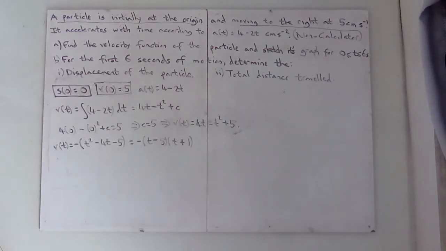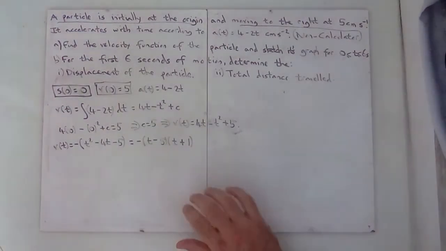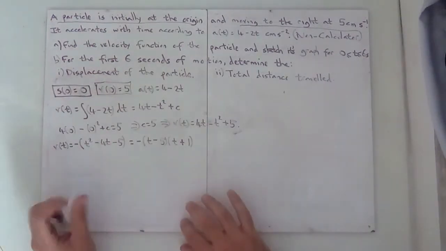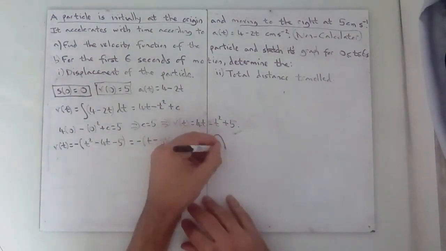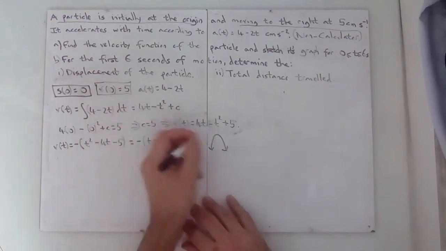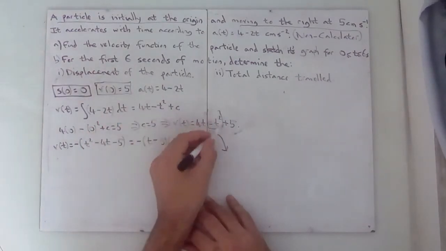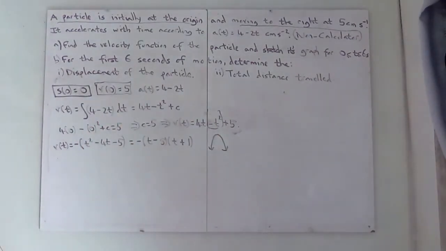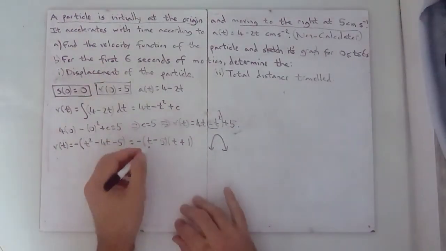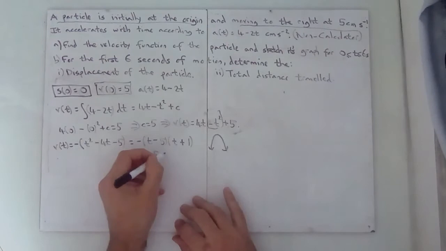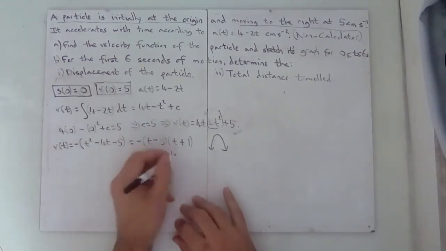At that point you could put that negative back into one of the brackets, but for what I need to do, I don't necessarily need to, because all I'm interested in is sketching the graph. I already know that it's a negative quadratic because the t squared term is negative, and I need to know the roots. So the zeros are at 5 and minus 1.